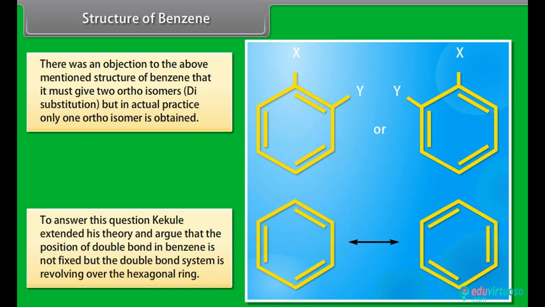To answer this question, Kekule extended his theory and argued that the position of double bond in benzene is not fixed, but the double bond system is revolving over the hexagonal ring. He proposed the given structures and said that all C-C positions have a partial double bond character.